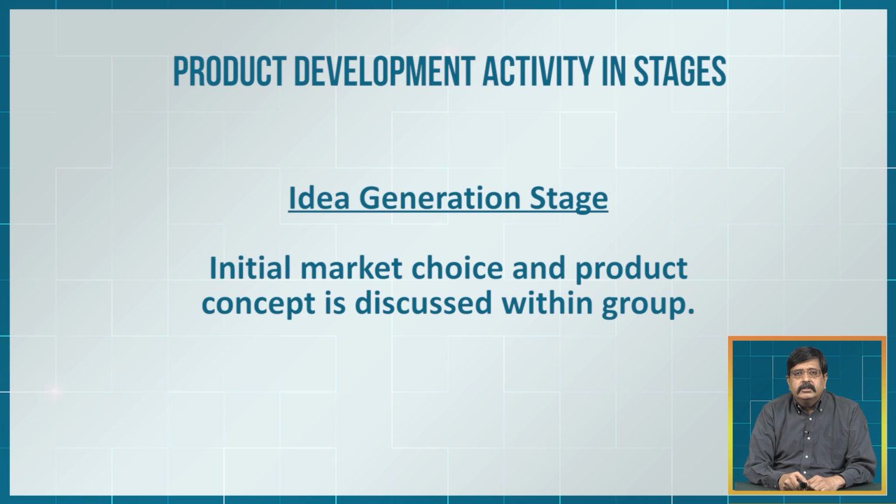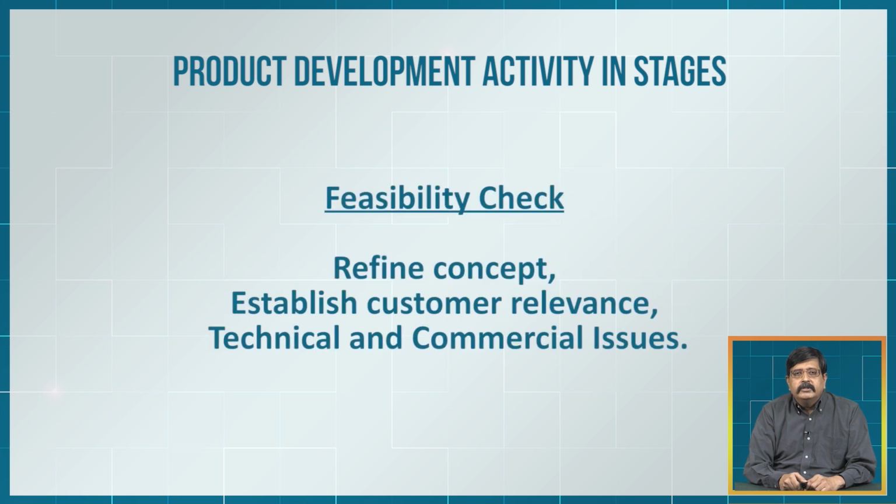You have the idea generation stage, where the initial market choice is made and the product concept is discussed within the group. Then you have the feasibility check stage, where the concept is refined, it is established in terms of customer relevance, and the technical and commercial issues are also cross-checked.